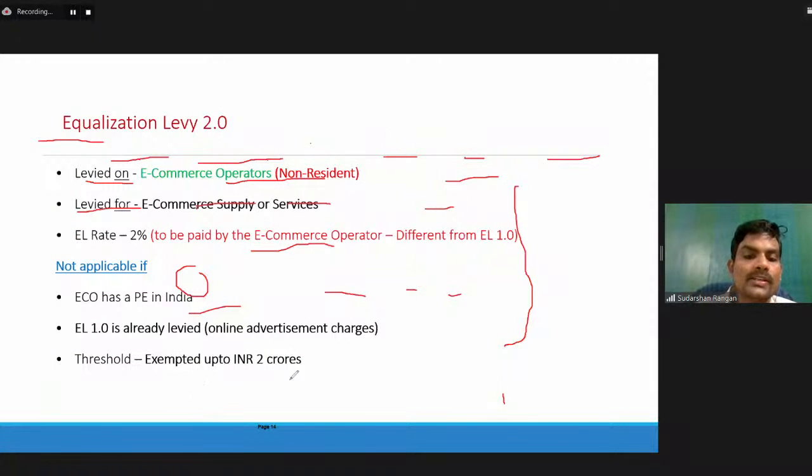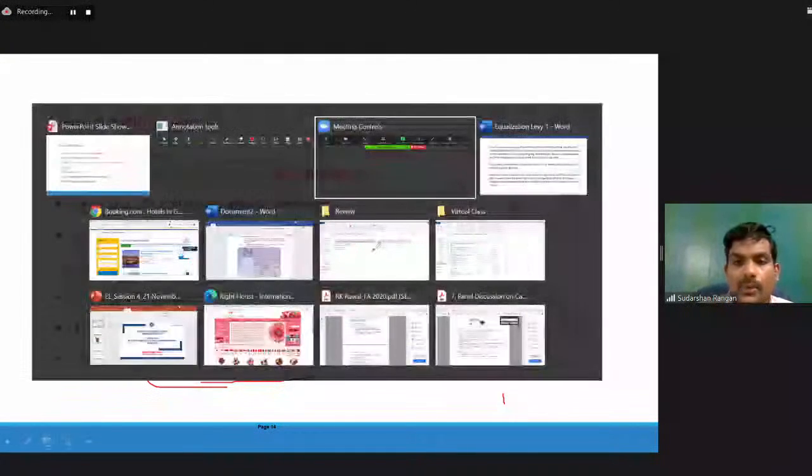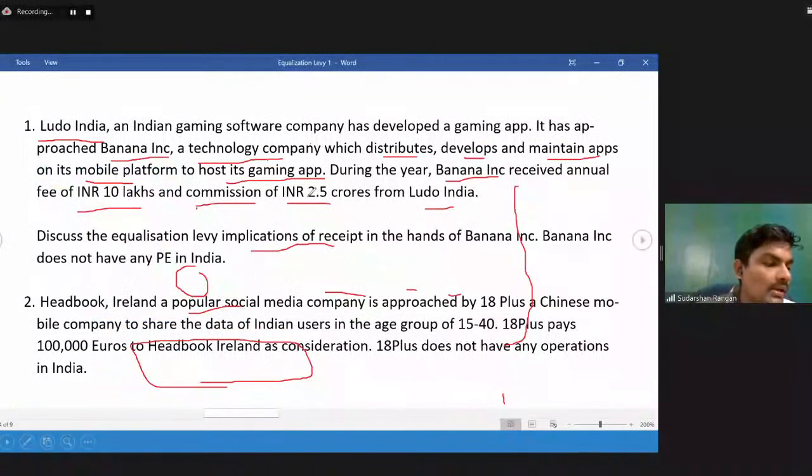So please remember this. In equalization levy 2.0, the threshold is 2 crores. So if the transaction in the question had been mentioned as only 1.5 crores, then you could have gotten away. So here the threshold is also increased.